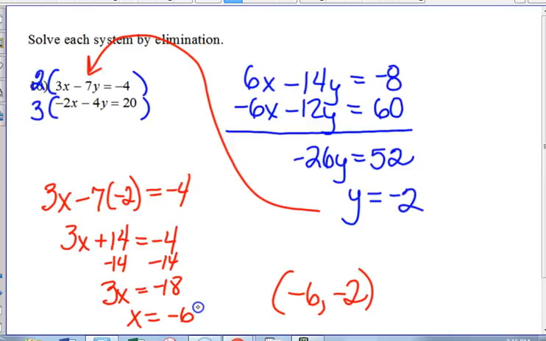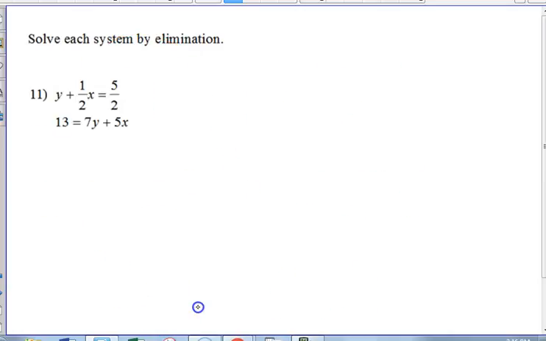All right, now we get to one that's a little more pre-calcy. It's really not that bad, guys. The very first day in this class, we solved equations that had fractions all over the place by doing what?